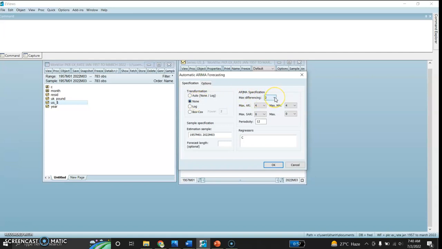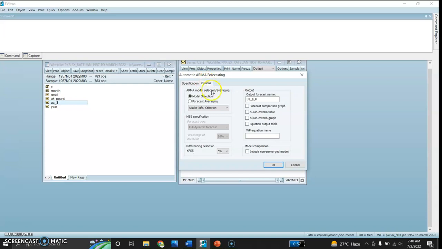But since this data is time series data, and the graph showed that the data is not stationary, there is upward trend, so let me take one lag, and then I'll take 6 lags for the autoregression and 6 lags for the moving average, and then I'll click on the options, and I'll click on ARIMA criteria table, ARIMA criteria graph, and equation output table.